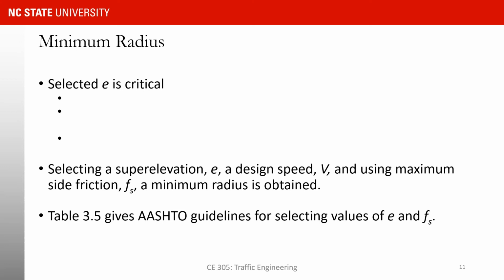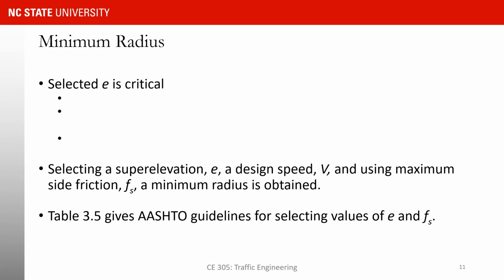Now think about super elevation by itself. So this is how much lateral slope you have on the road. Think about what is going to happen if your super elevation is too high. If the super elevation is too high and you are making a turning movement, maybe let's say you are turning left, it's going to push you towards the center of the curve, right?